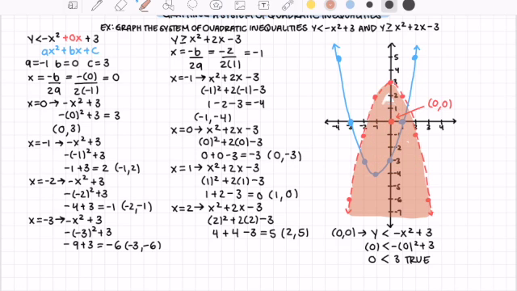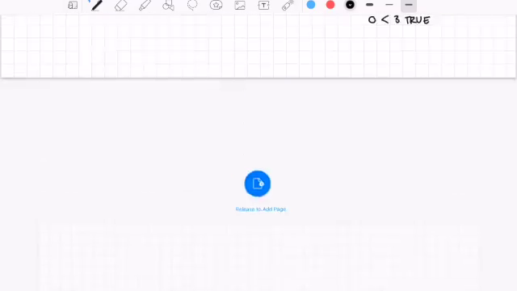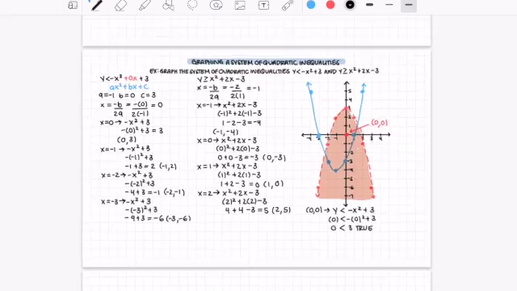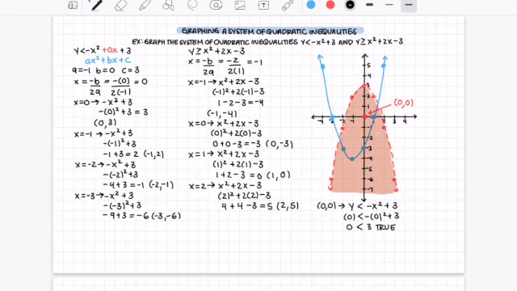If I were to look at the blue value, then I can still use the same point and see if it's in the inside of the blue value. So right here, again, I'm going to make myself some space so you can see. We have here 0, 0, and I'm going to plug this into y being greater than or equal to x squared plus 2x minus 3.